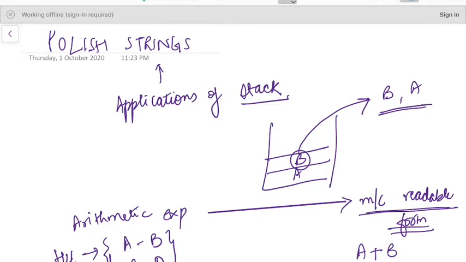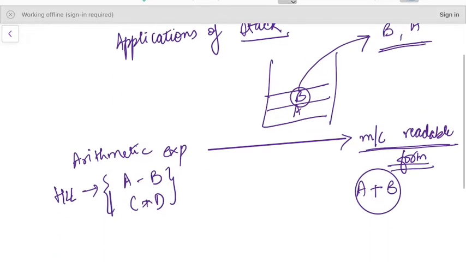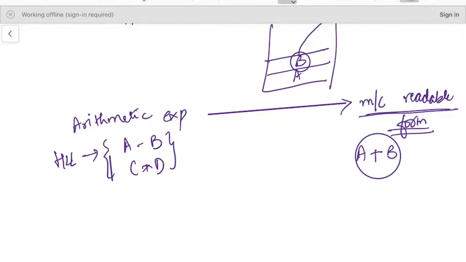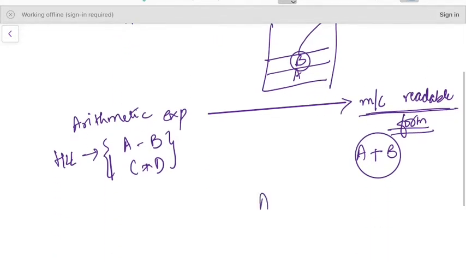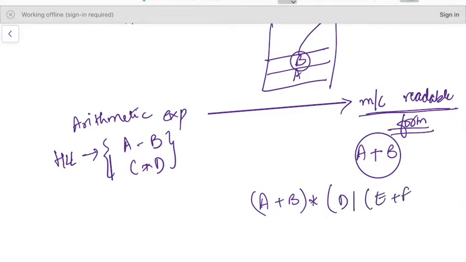But machine does not find it comfortable this way, because this is not the only expression that we have at hand. The expression could be as complex as this one, right? So machine has to deal with such expressions as well, or something more complex.